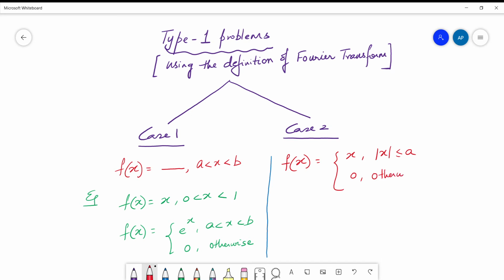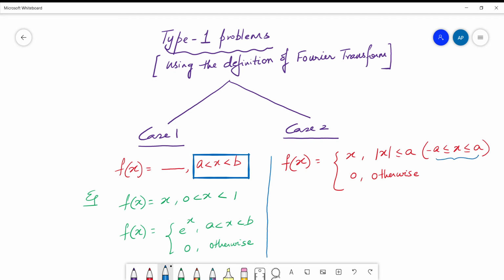Meaning this mod x less than or equal to a means my x varies from minus a to plus a. So if you look at the difference between the two cases, here the interval is lying between a and b, both positive, whereas here one is negative, the other is positive, so the interval is lying between minus a to a.